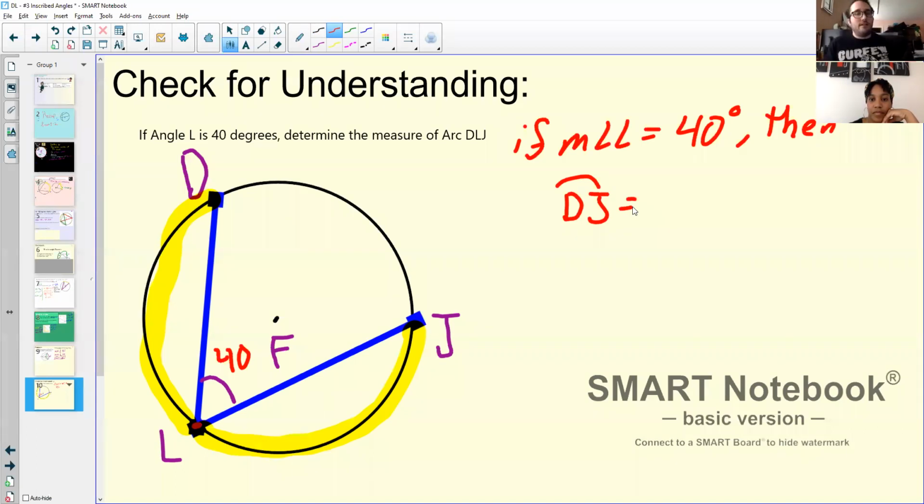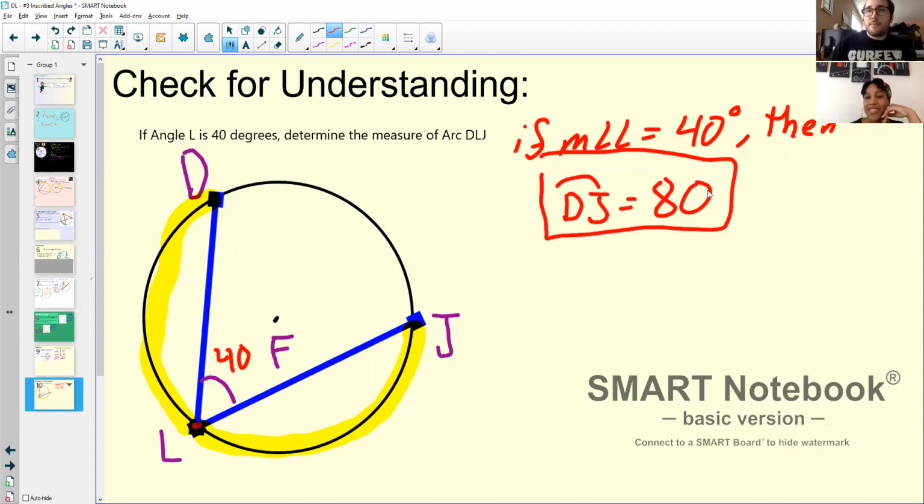Remember, angle L is inscribed, so it must be half the measure of the arc. So if 40 is half the measure of this arc, DJ must be double. So 40 times 2 is 80. And a lot of you probably got this answer first. Remember, 80 degrees represents this. It's the pizza slice. But is that what the question's asking you to do? No, it's trying to ask you for this highlighted piece.